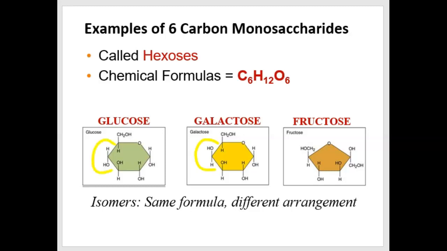Do they sit above or below this certain plane? Just so you know, you will never have to distinguish between glucose, galactose, and fructose. Okay, you will not have to do that. But you should recognize that they're monosaccharides. You should do that. Now, because they have the same chemical formula but a different structural arrangement, we call them isomers.